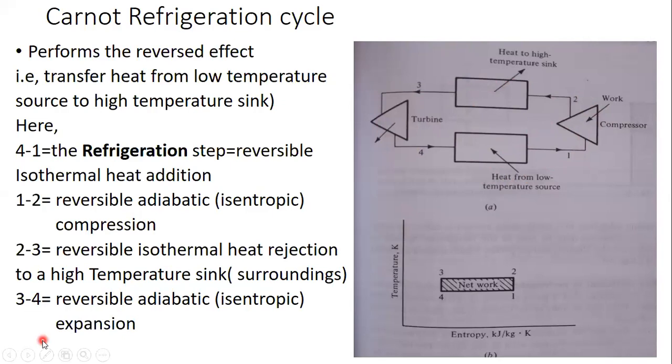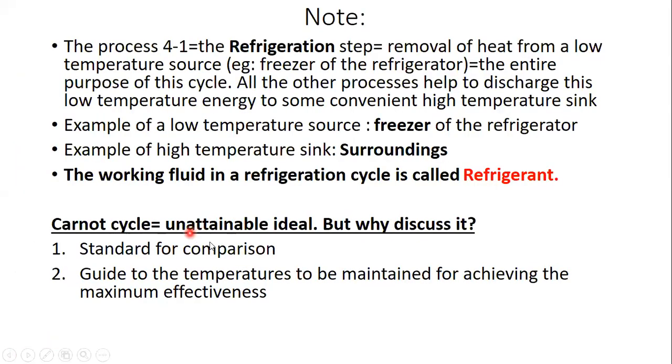So in a practical case, it is very difficult to attain this Carnot cycle, which has alternate very slow processes immediately followed by very fast processes. It is very difficult to design such a mechanism.